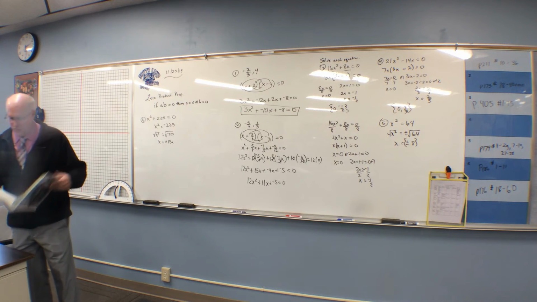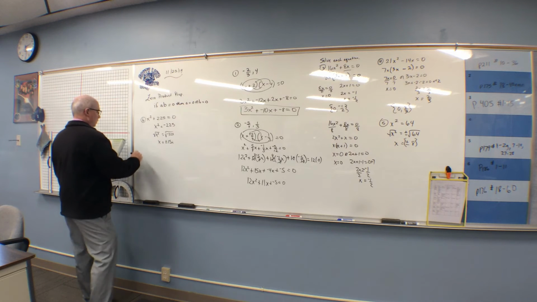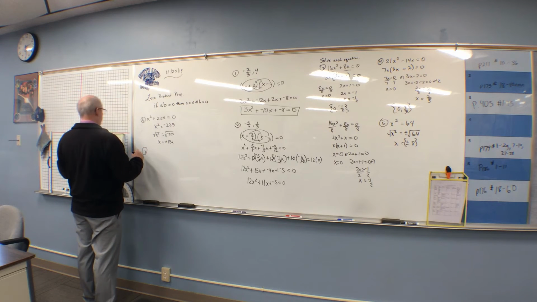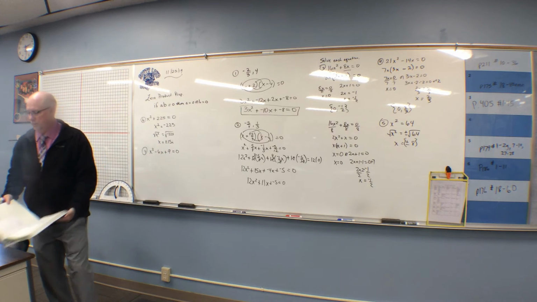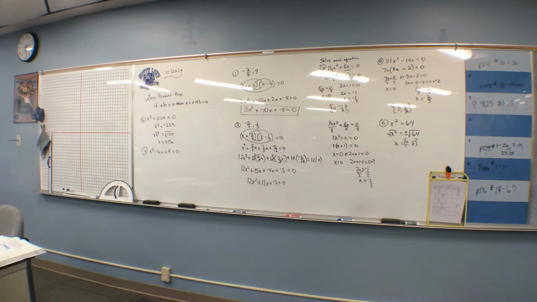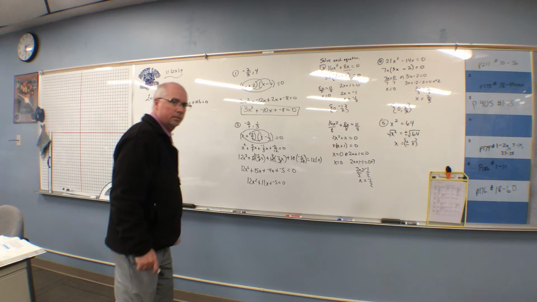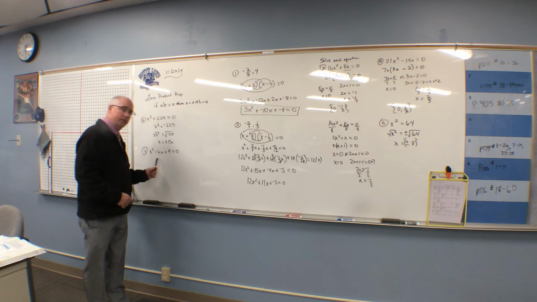Okay. Now let's look at this one. What if I have x squared minus 6x plus 9 equals 0? Now we have a trinomial. What do you do with the trinomial? Reverse FOIL. Yes. Maya, do you have a question? I reverse FOIL here.